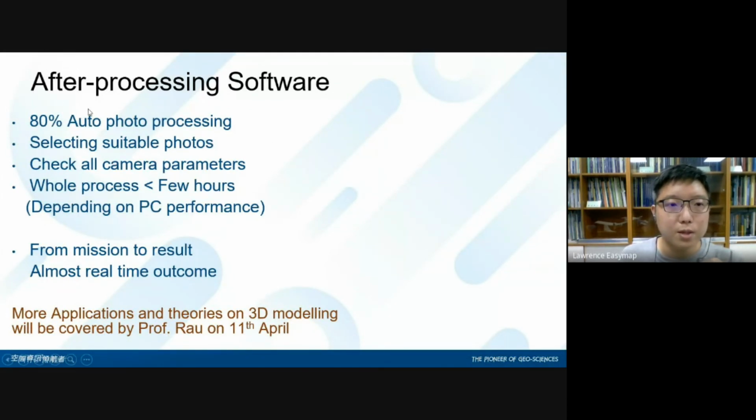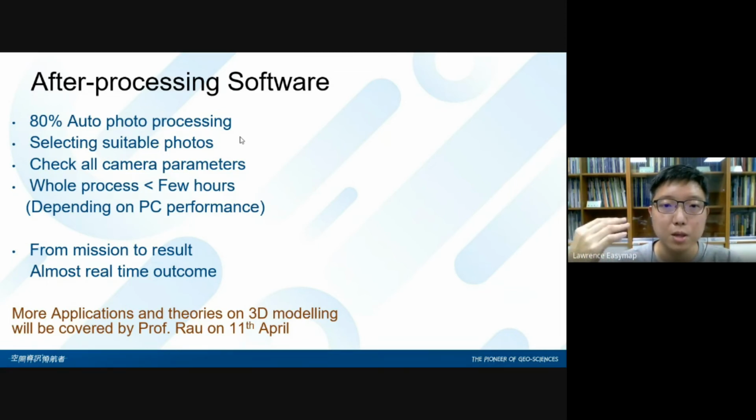Okay, so nowadays, everything can be completed almost in an automatic procedure. I say here it is around 80% auto photo processing. So why is it around 80%? Because the UAV will take a lot of pictures from takeoff to landing, but not all of the pictures can be used.